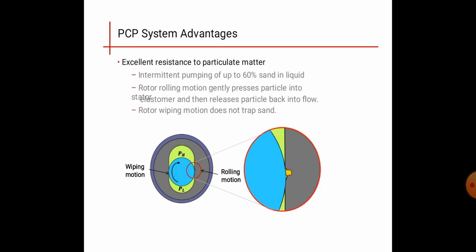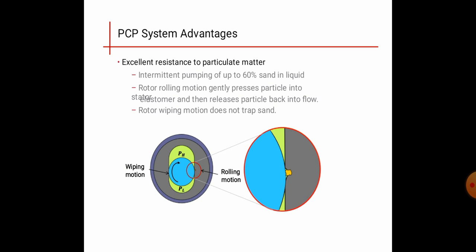Another advantages are excellent resistance to particulate matter. So intermittent pumping of up to 60% sand in the liquid. So it can handle sand. Rotor rolling motion gently presses particle into the stator elastomer and releases particle back into flow.